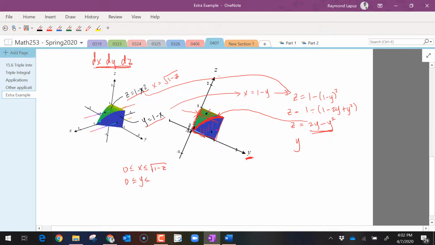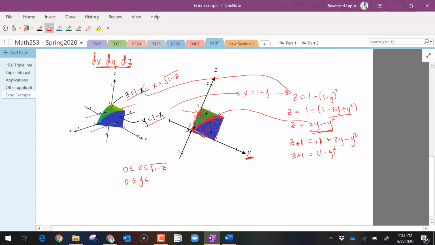Not the best thing to do, but let's see if we can. To make this a perfect square, I need to add 1 so that this becomes a perfect square. So if we add 1 here, we need to add 1 to both sides. And then this is a perfect square, (1 minus y) squared, and this is z plus 1.